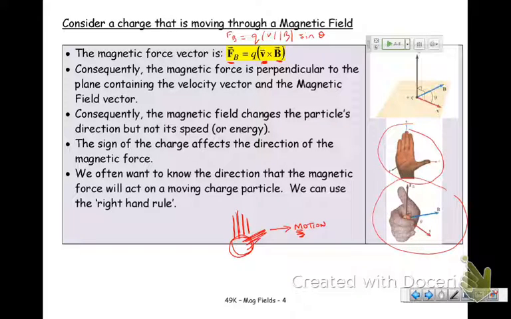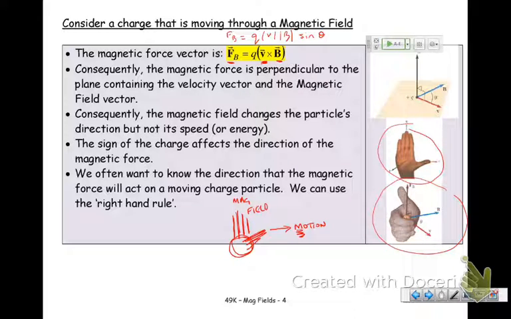Okay, your fingers. Magnetic field. Remember north to south, your finger pointing? So this is your magnetic field. And then just hold your hand up and slap the side of your face.